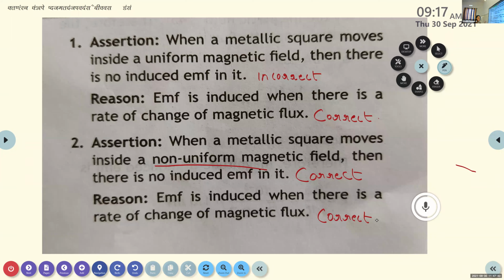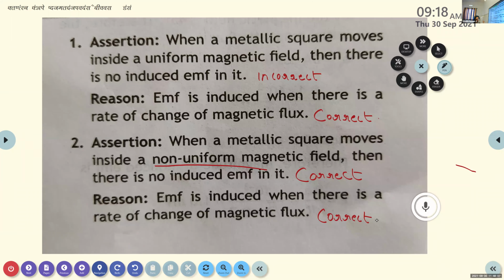If and only if the magnetic flux associated with it changes, then only an EMF is induced in it. So whenever the magnetic field is non-uniform, there will be no rate of change of magnetic flux associated with it, so no induced EMF will be generated there. So here assertion is correct, reason is correct, and reason is the correct explanation for the assertion.